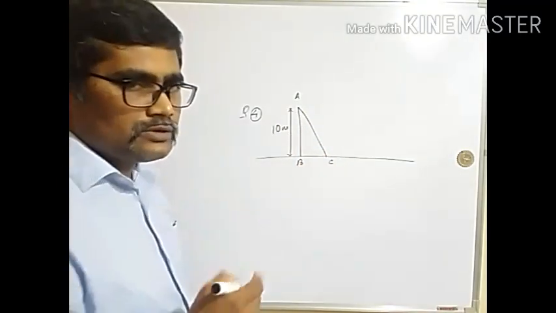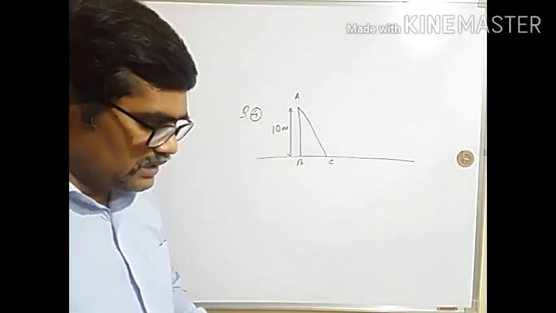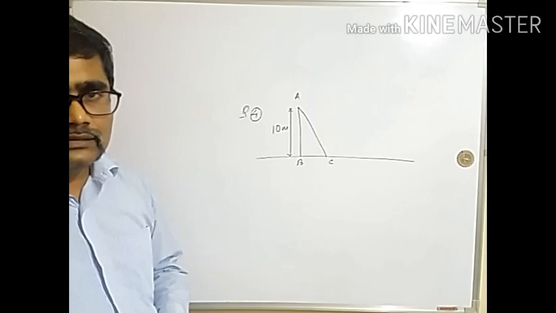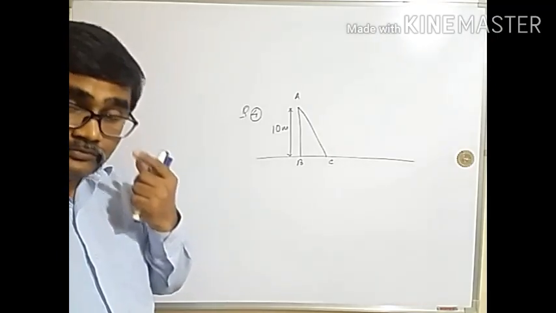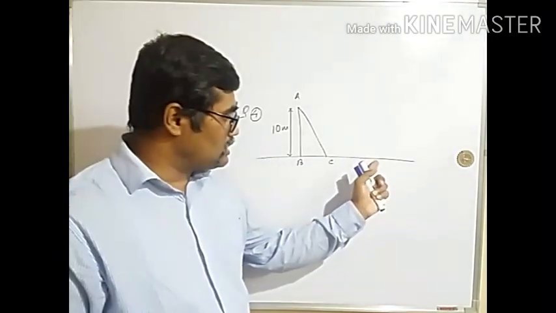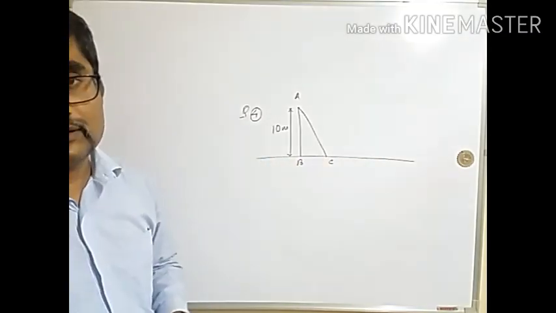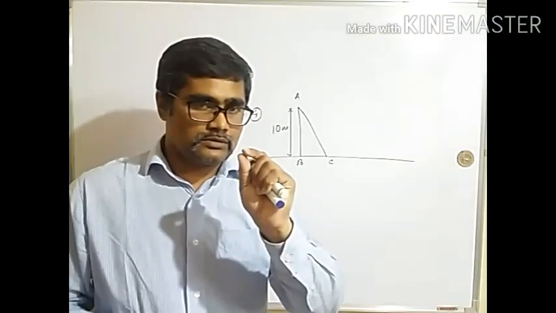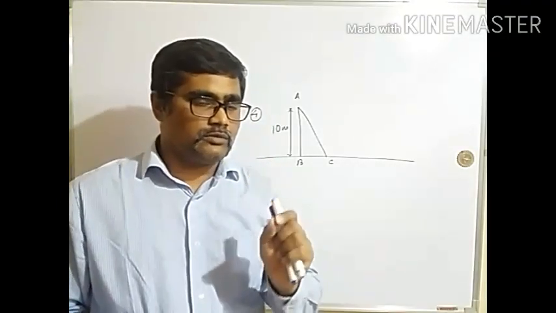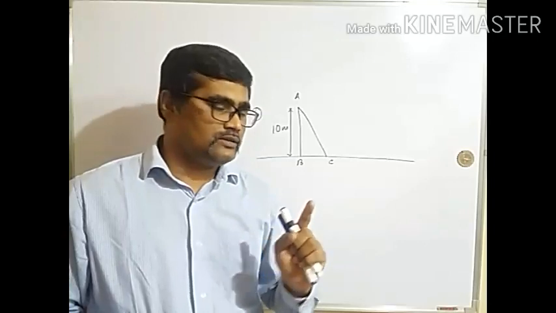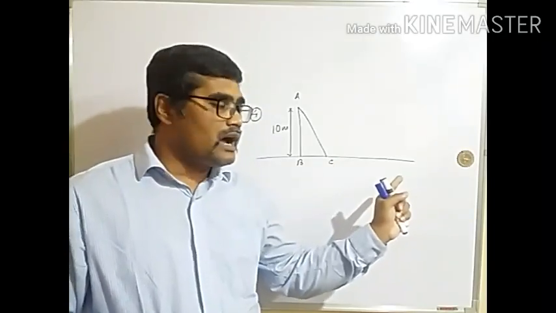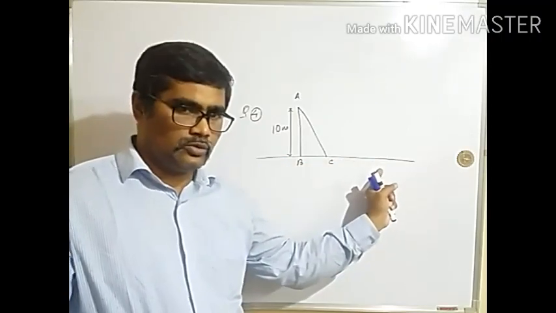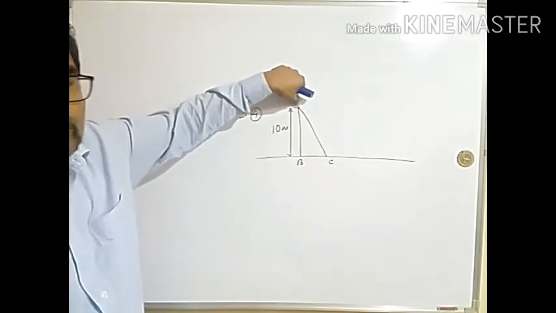And now again you try to remember, angle of depression means it is the angle between line of sight, which is this line, and horizontal line. But this time you cannot consider this as the horizontal line. Try to remember when I explained, your eye, that is the point of observation, should be lying on the horizontal line. क्या तुम्हारा eyes कहीं भी इधर लाई करते हैं? No, because you are observing from this point.